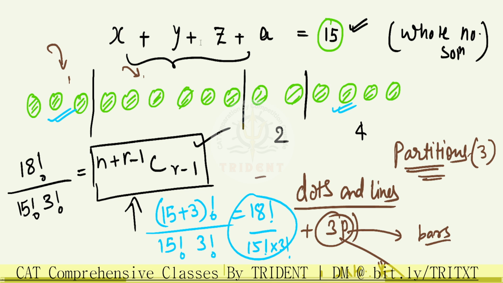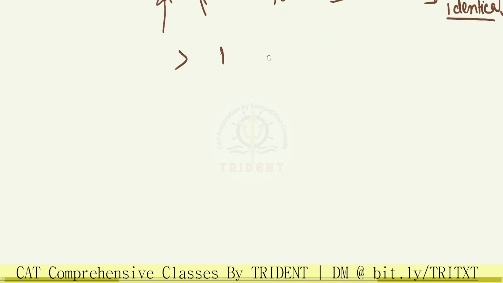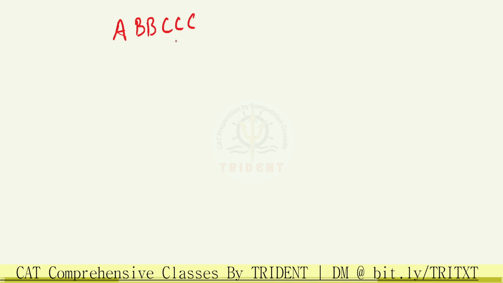For those of you who still have a problem understanding why we are dividing by 15 factorial and 3 factorial, let's say for some reason you have skipped the earlier conceptual ideas of PNC. Let's say the letters A, B, B, C, C, C, and we have to arrange them.